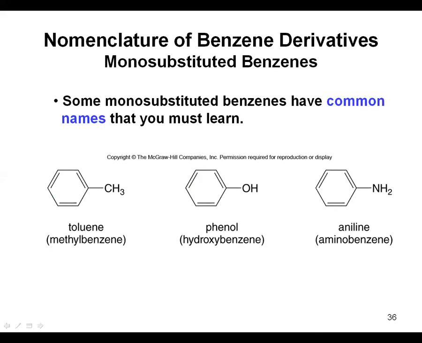So for example, the first one there has a methyl group attached, and you could call it methylbenzene, but it has a historical name that if you have a benzene ring with a methyl group on it, it is very commonly known as toluene. So again, this is sort of a historical name and it is used a lot. So toluene you should be familiar with.